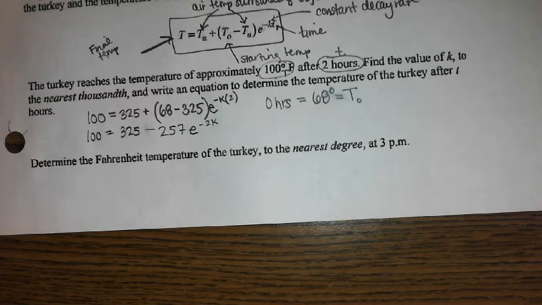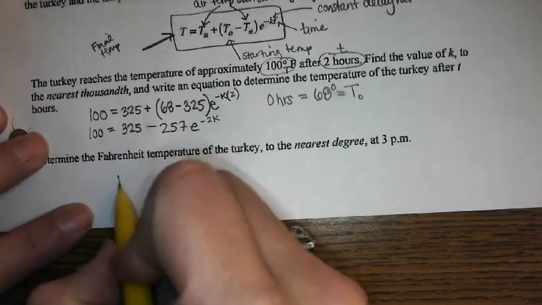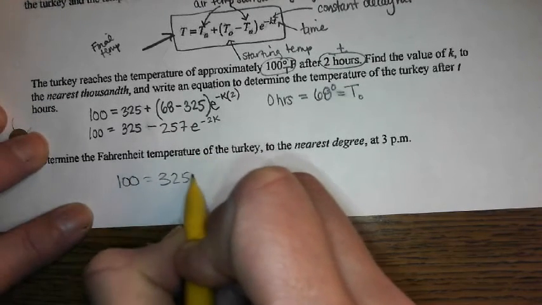Now I'm en route to solving. What do I need to get rid of first? 325. Subtract 325 from both sides. Here's what you do not do. I do not do 325 minus 257. For the same reason, you don't need to write this down.